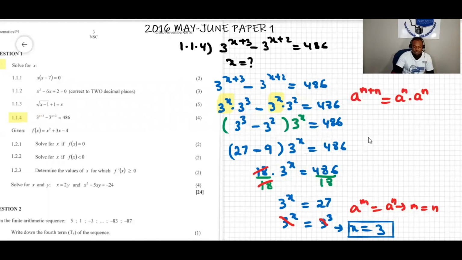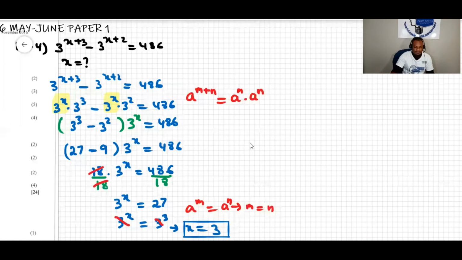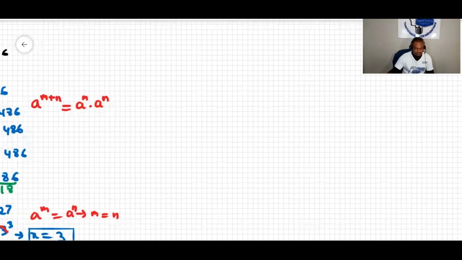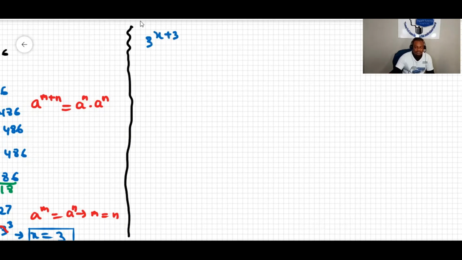Alternatively, we can also solve the same problem. I'm going to write it here. It was 3 to the x plus 3 minus 3 to the x plus 2 equal to 486.